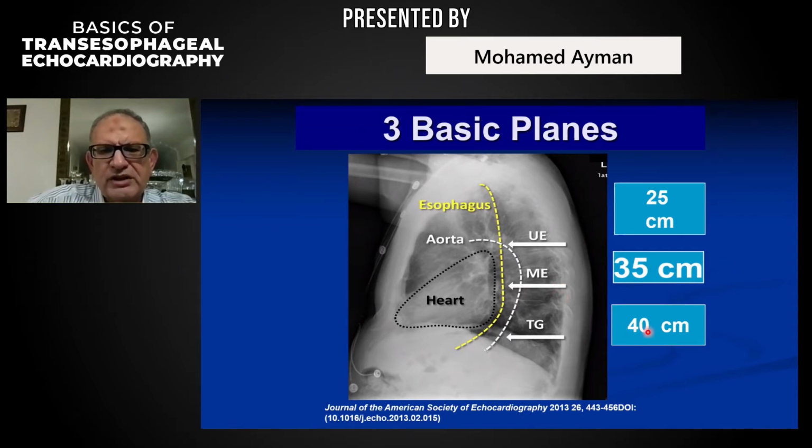If you go to 40 centimeters, then the tip of the probe is present in the stomach, and we are going to view the heart from below. We call it the transgastric view, and this is commonly used during cardiac surgery. So we have the upper esophageal, the mid-esophageal, and the transgastric positions.